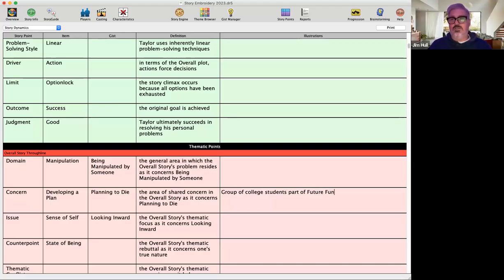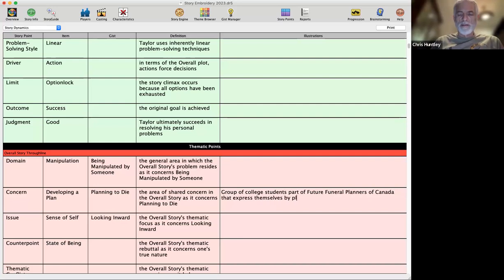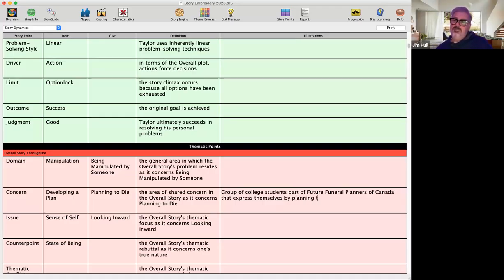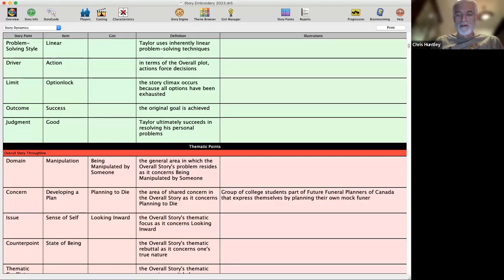So it's a group that likes to plan out their funeral, not because they're obsessed with death or it's a death cult, but more that it's a form of self-expression and how you can be best remembered. So by planning their own funerals or mock funerals. Yeah. Okay. Great. All right, Teresa.